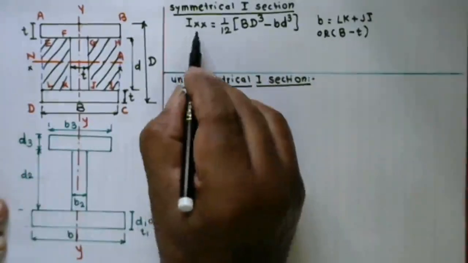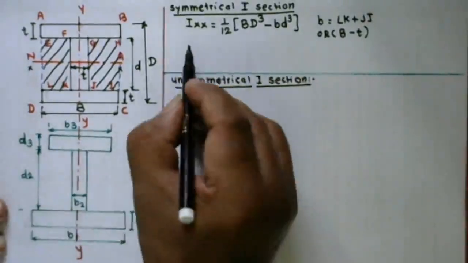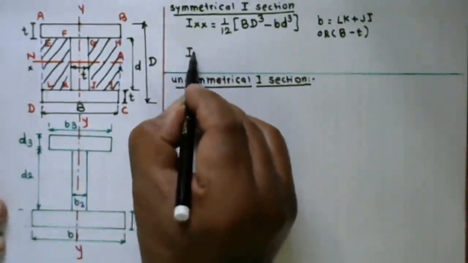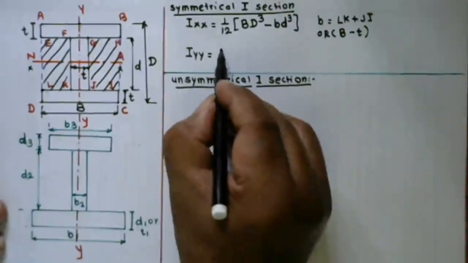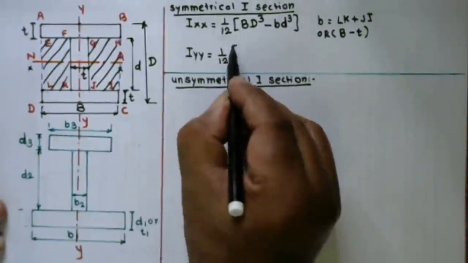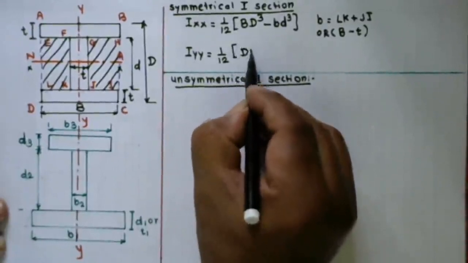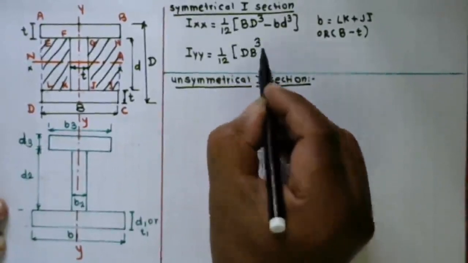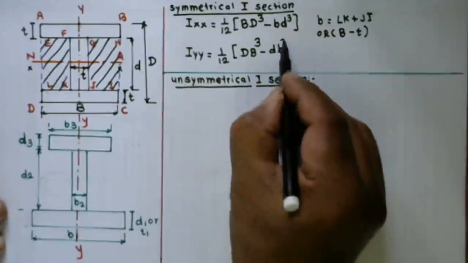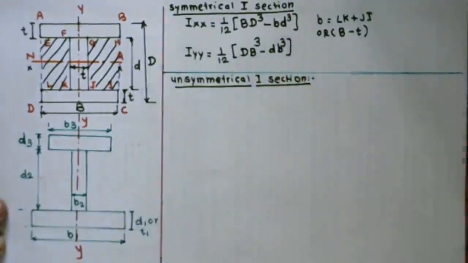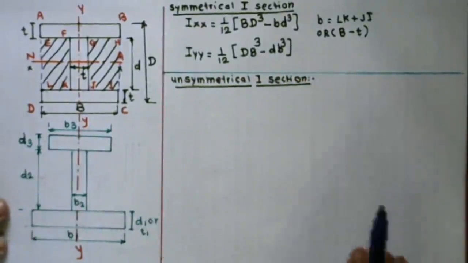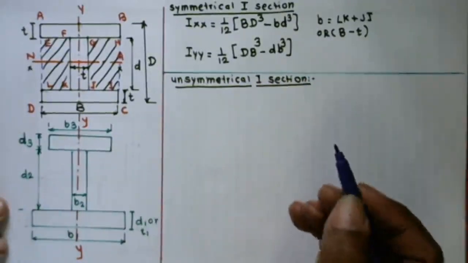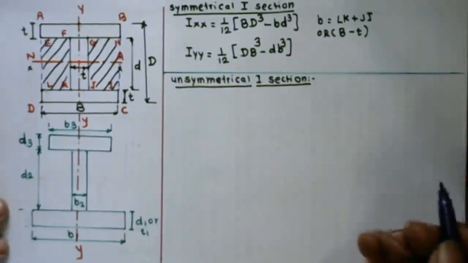In this way you may calculate Ixx. The moment of inertia about the YY axis, Iyy, according to the hollow rectangle, is 1 by 12 dB cube minus small d b cube. It is the easiest way to calculate the moment of inertia when the figure is symmetrical about the XX axis as well as the YY axis.